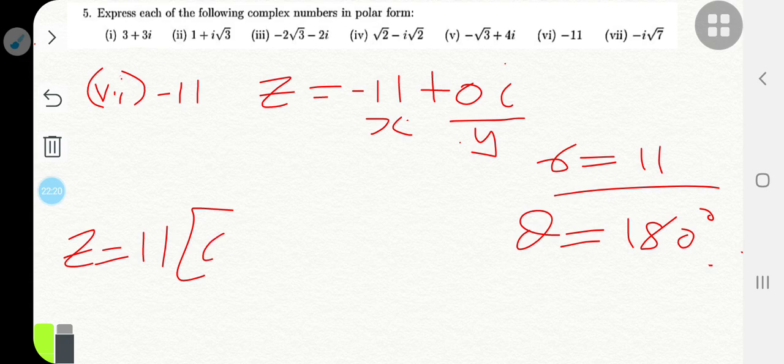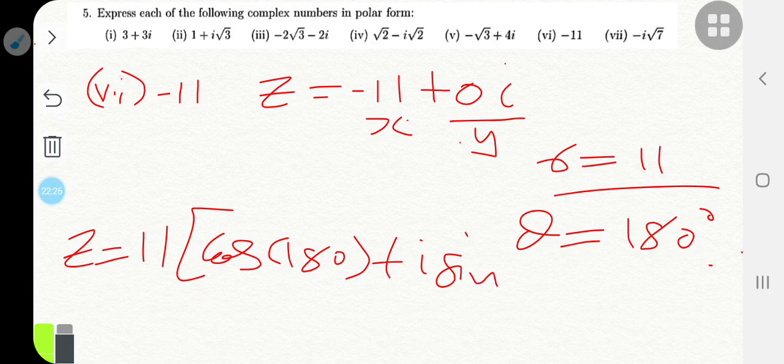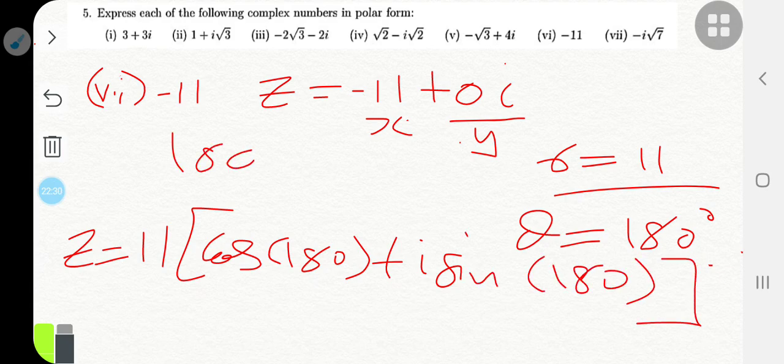So now you just say, okay, I'll write my z to be equal to my magnitude, which is 11, then cos 180 plus i sine 180. If you want, you can write 180 as pi in radians.